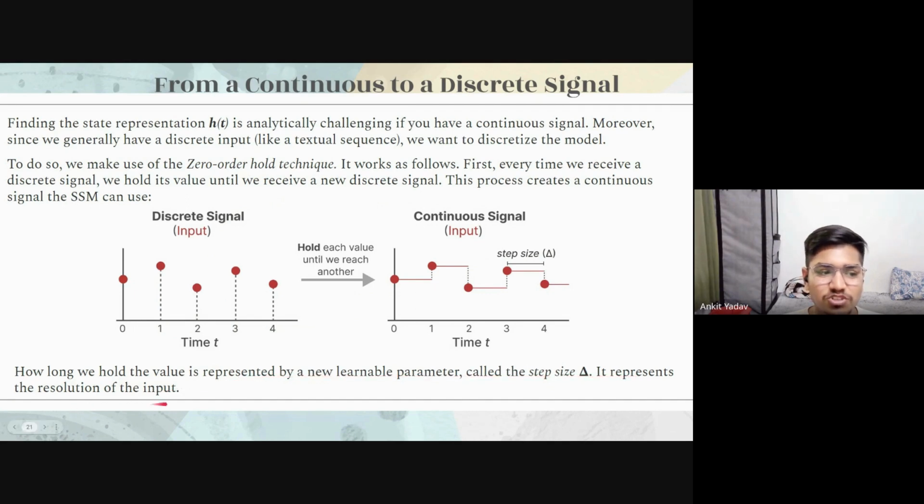The step size represents the resolution of the input. If I give an example in terms of an image, if I have a smaller resolution, I'll have a pixelated image. But as soon as we improve our resolution, the image will be clearer. So if I have a step size which has a bad resolution, it will be a big chunked sequence, and at that time my meanings will not be that clear, or the context will not be that clear.